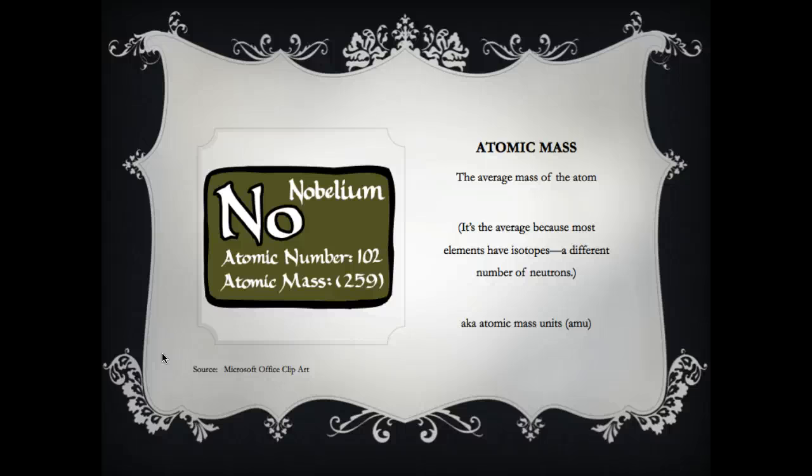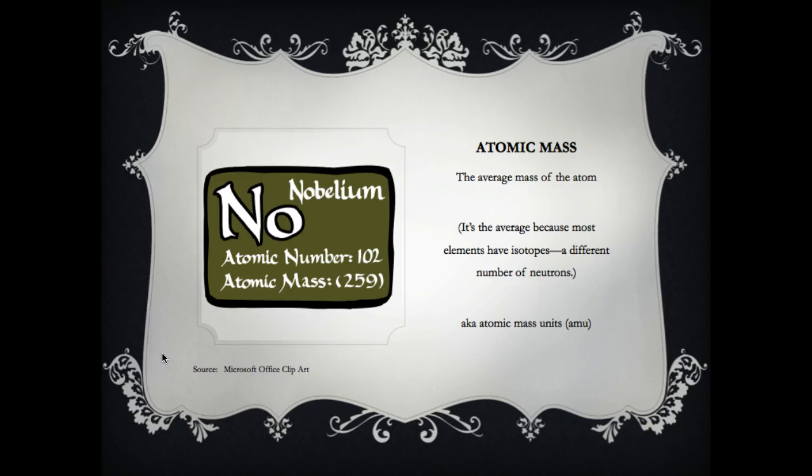The reason why I say it's the average is because most of the elements contain isotopes, which just means that there's a difference in the number of neutrons, but it does not change the element itself. So that's what I mean by isotopes. But the mass tells you basically how many protons and neutrons are contained in the nucleus of that atom.